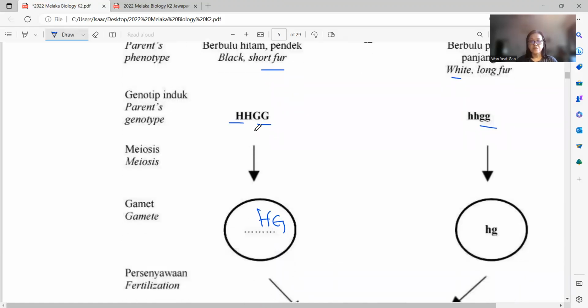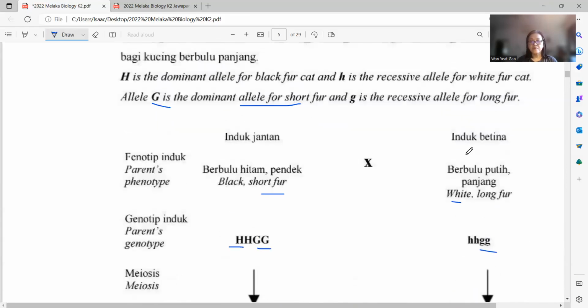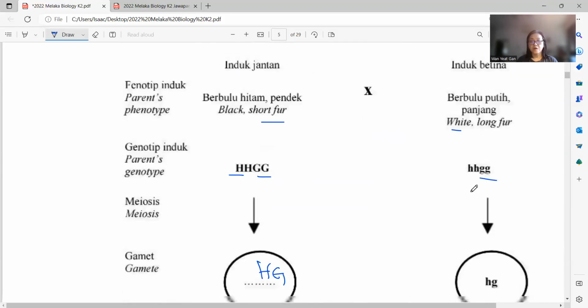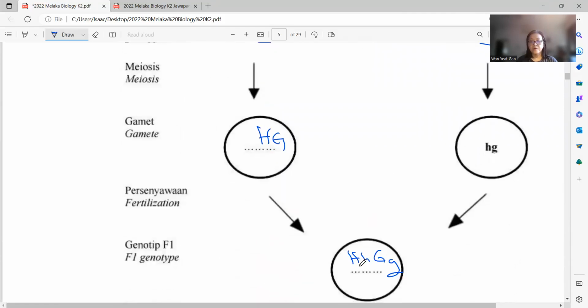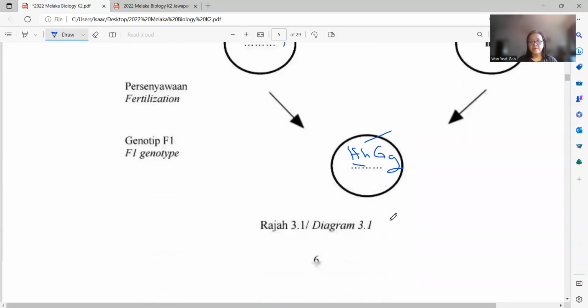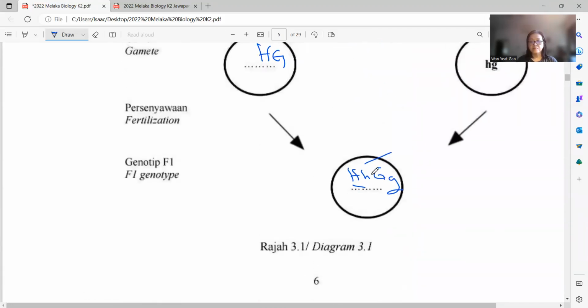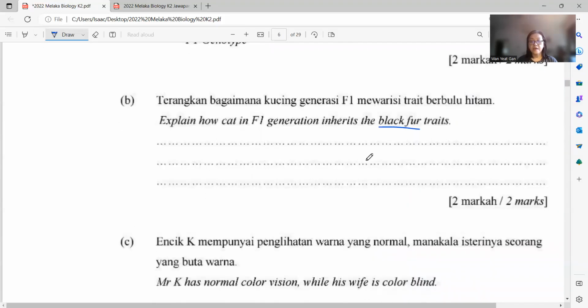Okay, it produces the dominant allele H, and the female produces the recessive allele for white fur. So here it inherits capital H from the male, and small h from the female. So because it is heterozygous, therefore it inherits the black fur.